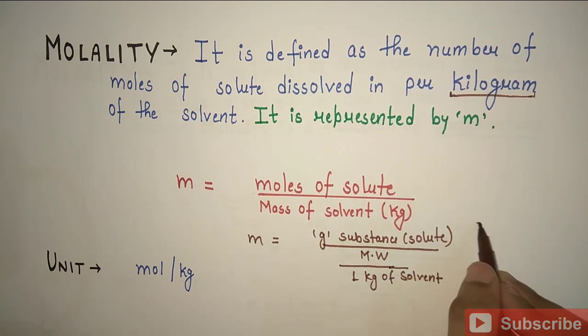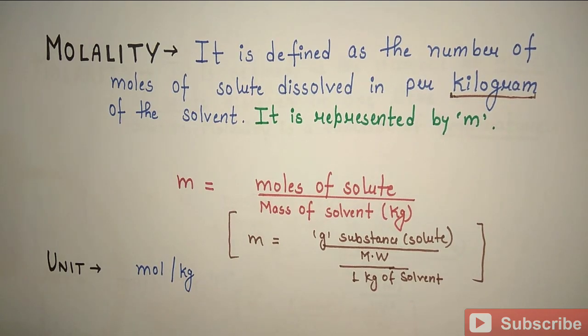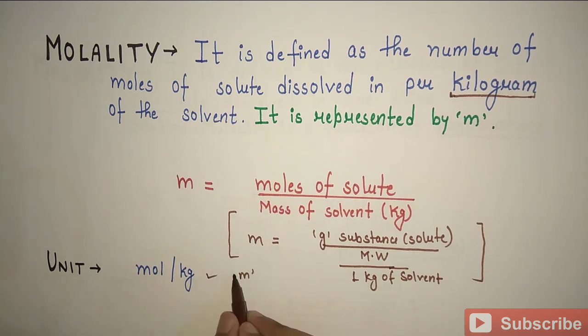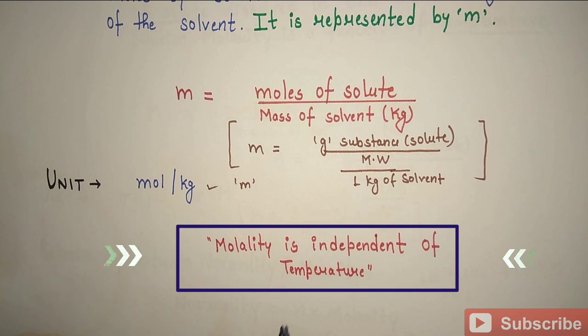This is the formula for molality, represented by small m, and the unit for molality is mole per kg, or it can be simply written as small m. Now keep in mind that unlike molarity, molality is independent of temperature.